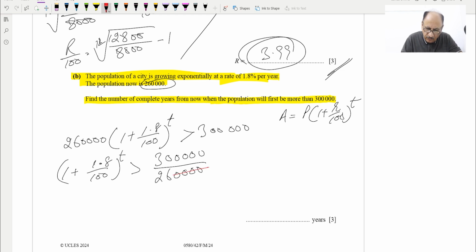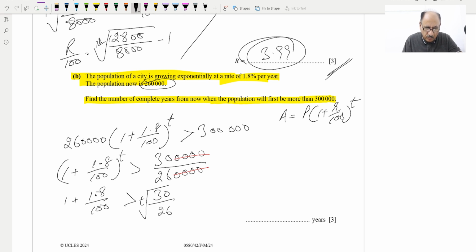We can cancel 4 zeros with 4 zeros, and this will be 30 over 26. So we can write 1 plus 1.8 over 100, and this should be greater than 30 over 26, and this should be t-th root.